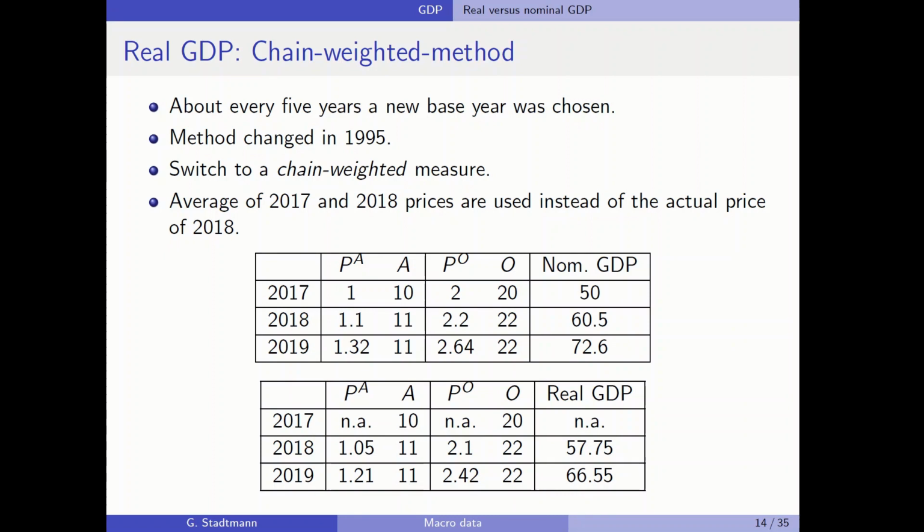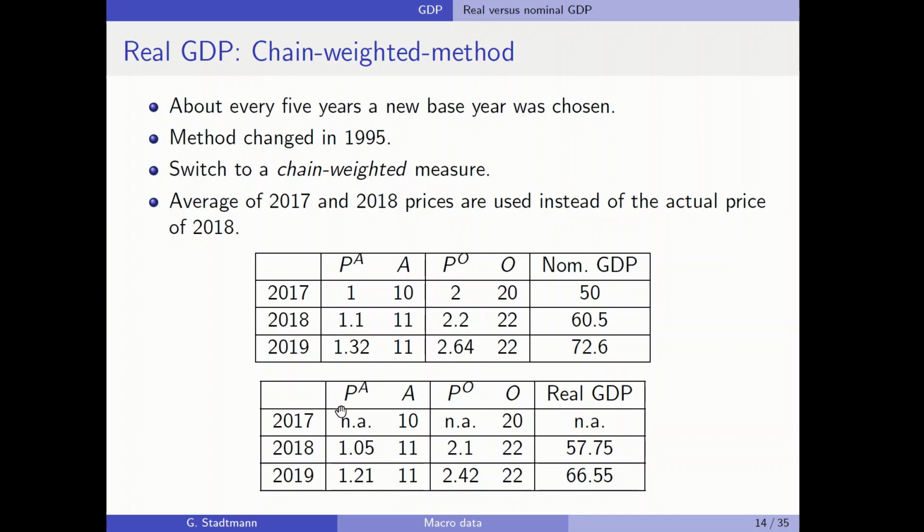Here you can see two tables. In the upper table, you can see the nominal GDP, the actual prices in 2017 to 2019 for apples and oranges. And in the lower part, we compute real GDP according to the chain-weighted method.